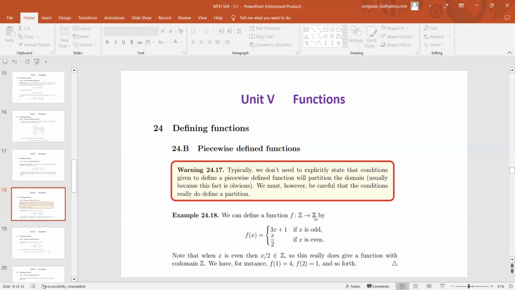So that's fine. So it is indeed a well-defined function.